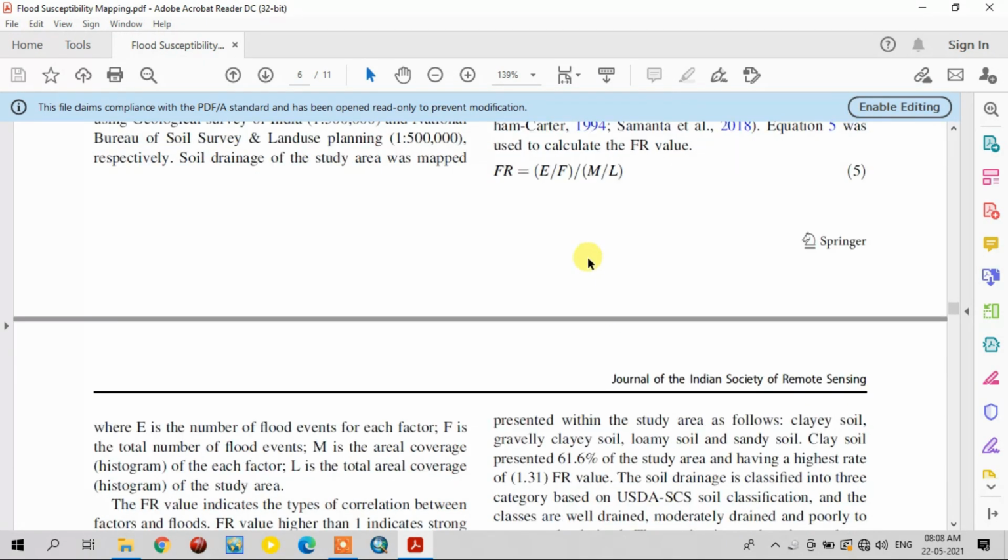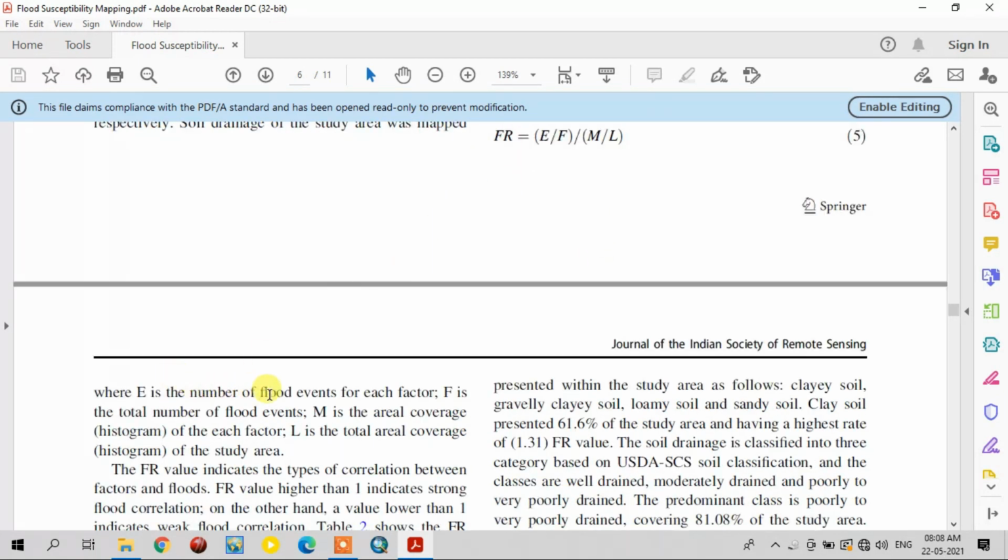This is the formula. Here E is the number of flood events for each factor. Each factor in the sense our 10 parameters. F is the total number of flood events. So we need to calculate the number of flood events of each factor.